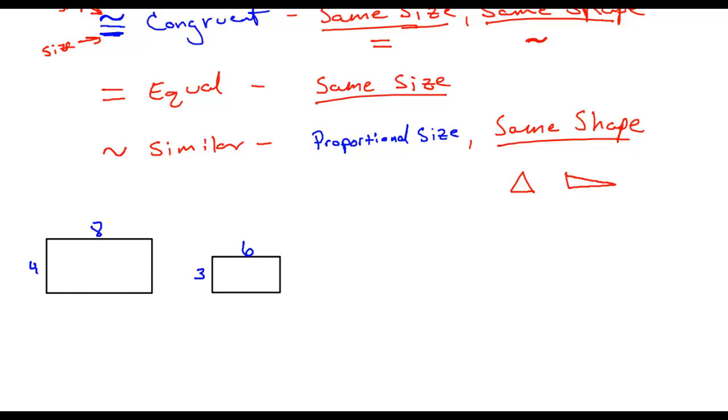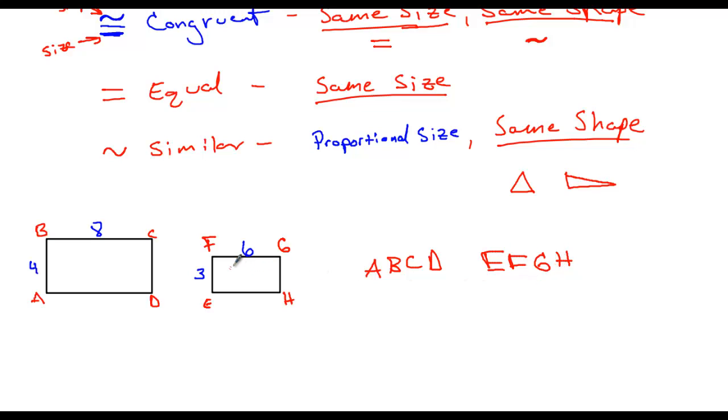And we're going to go ahead and label our rectangle. So this will be A, B, C, D, and then E, F, G, H. And the way we talk about these two rectangles is we'd say that this is rectangle ABCD, and this is rectangle EFGH.